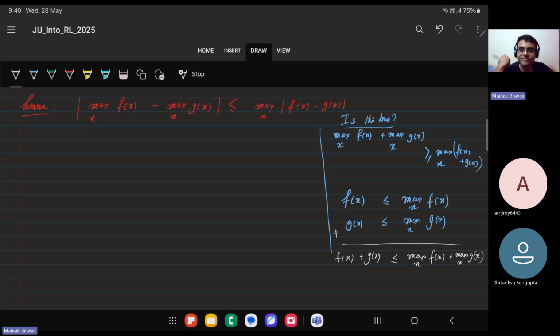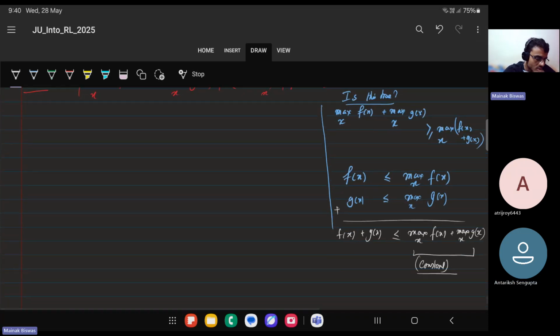Now again, the right hand side is a constant. Yes or no? A constant. So on the left hand side, it is true for all x.